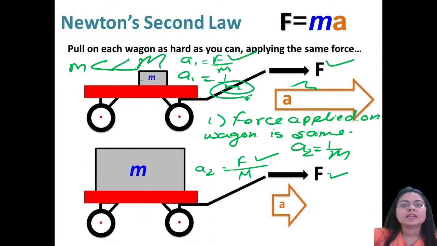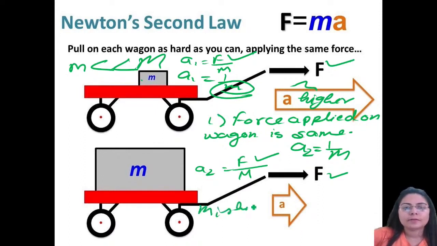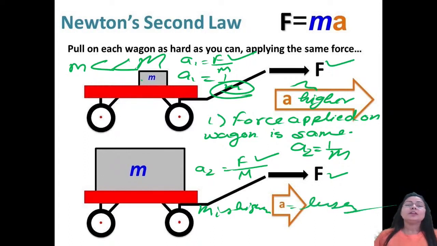If small m is lesser, the acceleration will be higher. And as the mass is higher, the acceleration is lesser. The lesser the acceleration, the more difficult it is to pull the wagon.